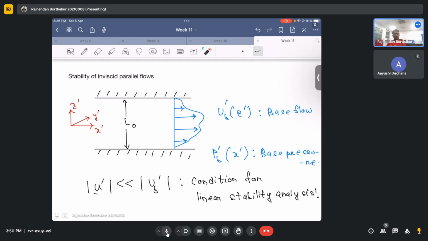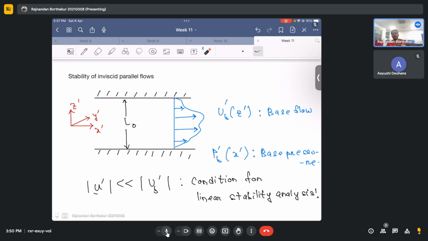That's the first thing. And if it is not periodic and it's an arbitrary transient flow, then you can always have a quasi-steady problem, where you do the analysis for a very small interval of time where your flow can be assumed to be steady, and then you do the perturbation analysis. But so far as I know, we generally resort to taking steady base flows in this analysis.